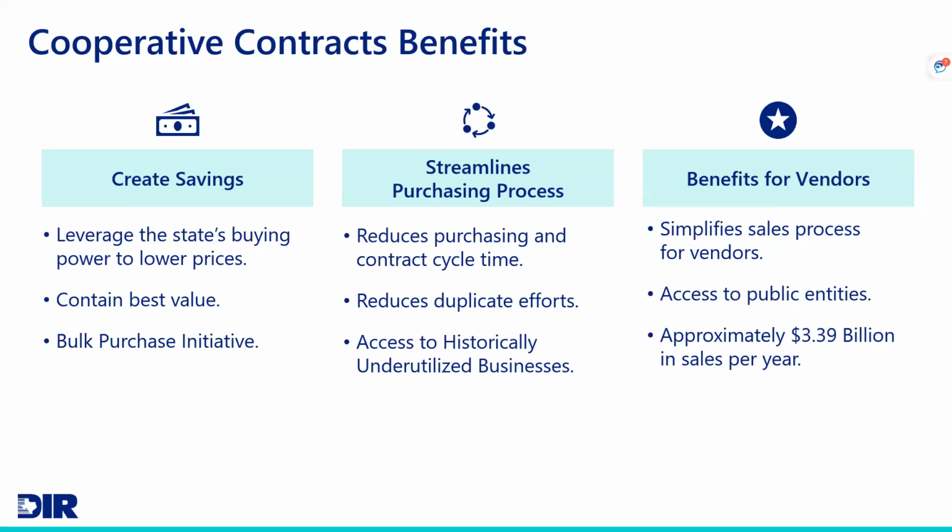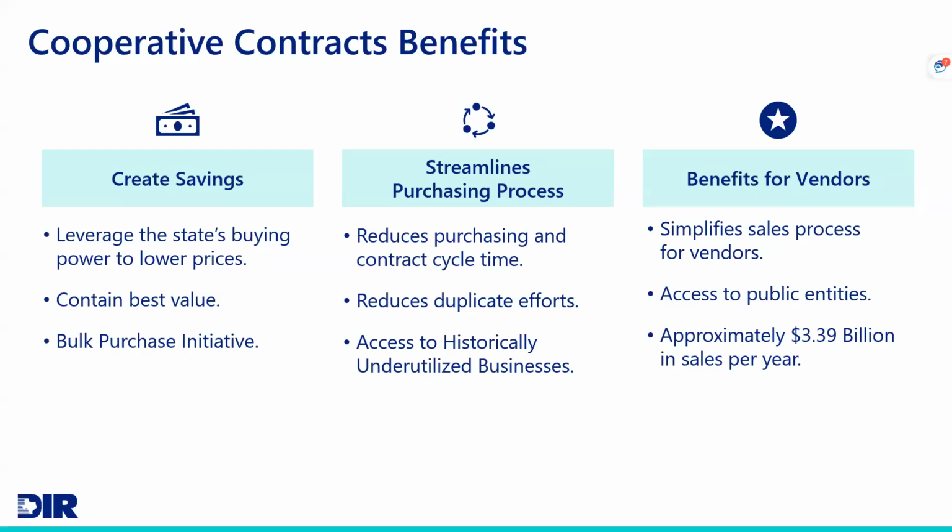And then it does give us that bulk purchasing initiative from time to time that allows us to offer deeper discounts on certain IT products and services that everybody can then take advantage of to buy through those bulk purchasing programs. It also streamlines the purchasing process for you, our customers, because we've already done a lot of that heavy lifting for you.